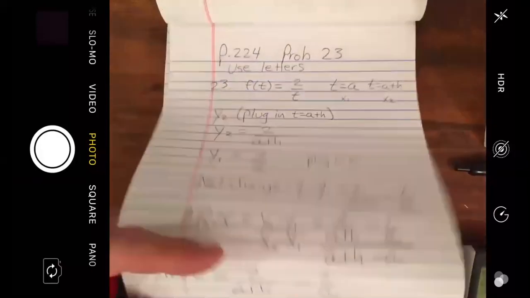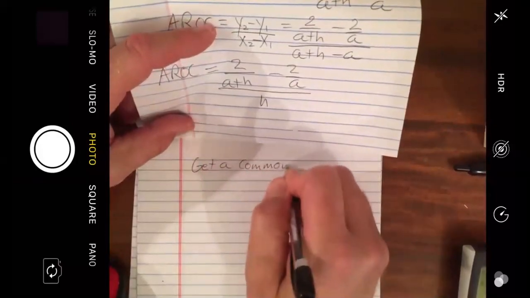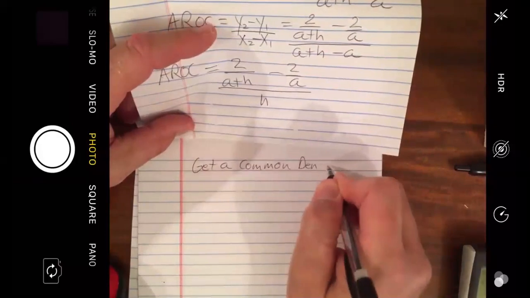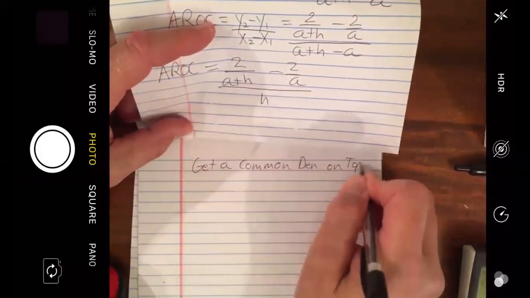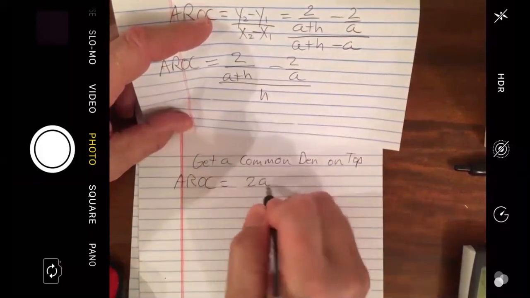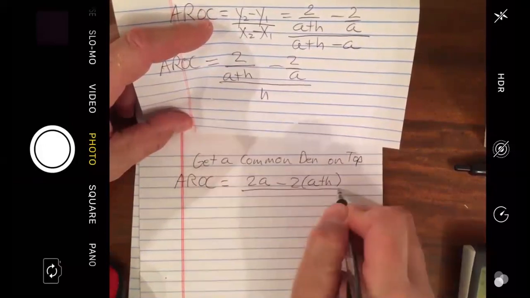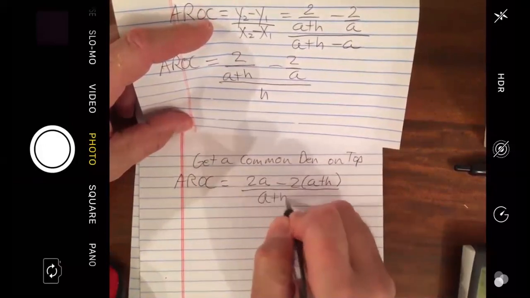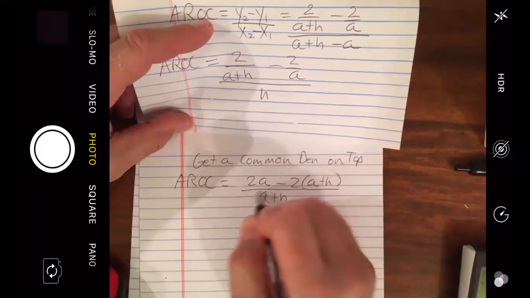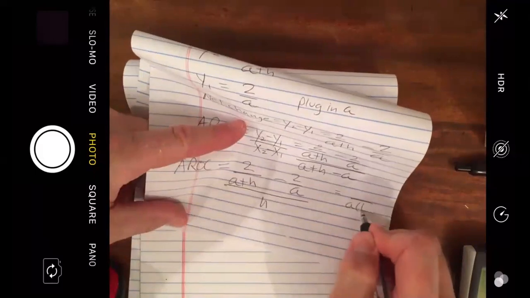Get a common denominator on top. That would be 2a minus 2 times a plus h over a plus h times a. In other words, your common denominator puts together the a times a plus h.